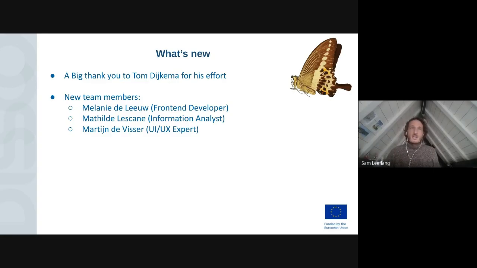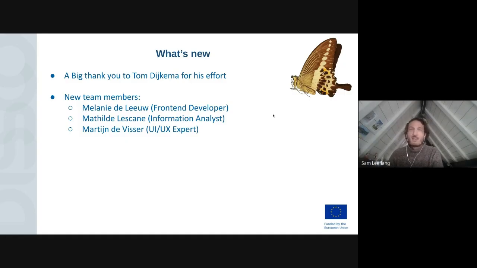We recently had Martijn de Visser join us, who's a UI UX expert, helping us on how we need to present things to the user. We have a lot of information, but we're still struggling a bit on how to present this in an attractive way to users. So really happy that we got them back. I got better, so I'm back as well. So we have a full team again.